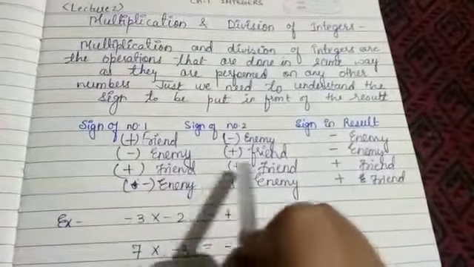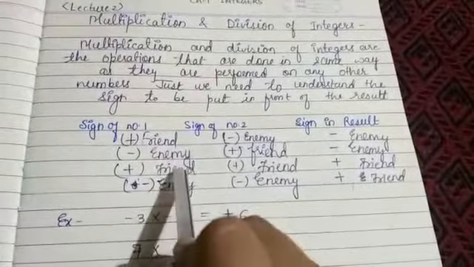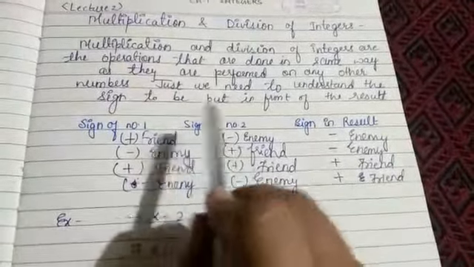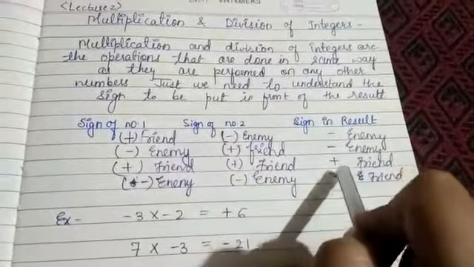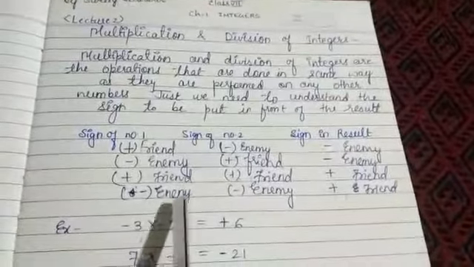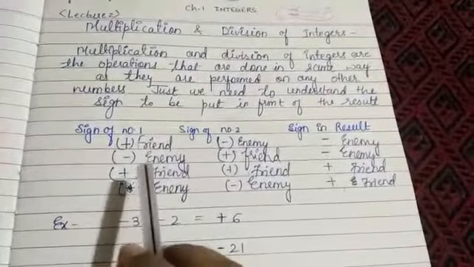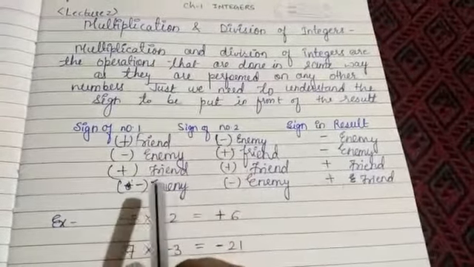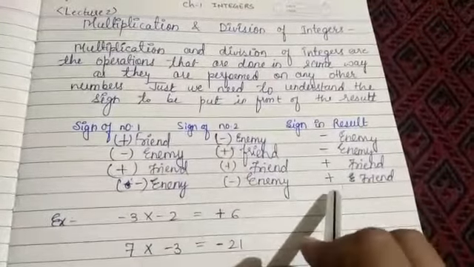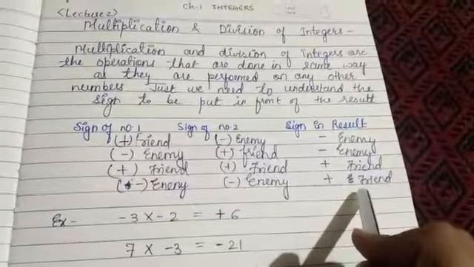For example, you have two positive numbers. That means one is your friend and another one is also your friend. Your friend's friend is also your friend. That means you need to put a positive sign over there. And then you have your enemy and your enemy's enemy. That means two negative numbers are there. So you need to put a positive sign because your enemy's enemy is your friend.